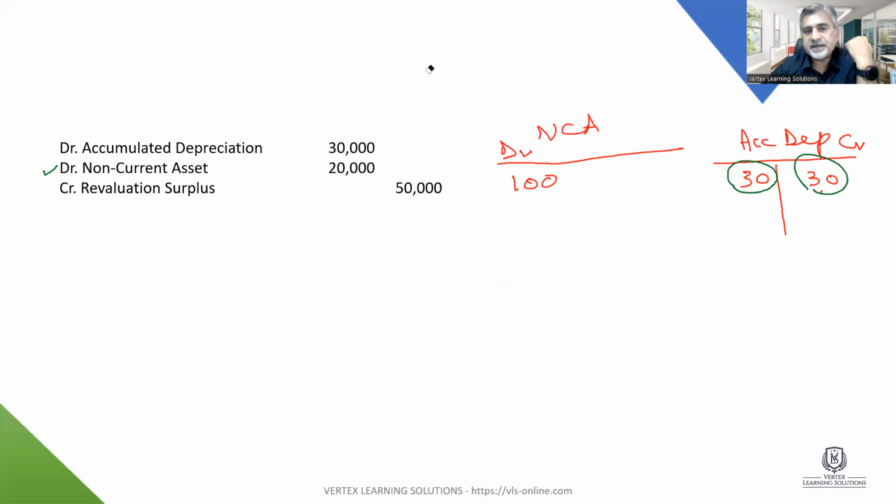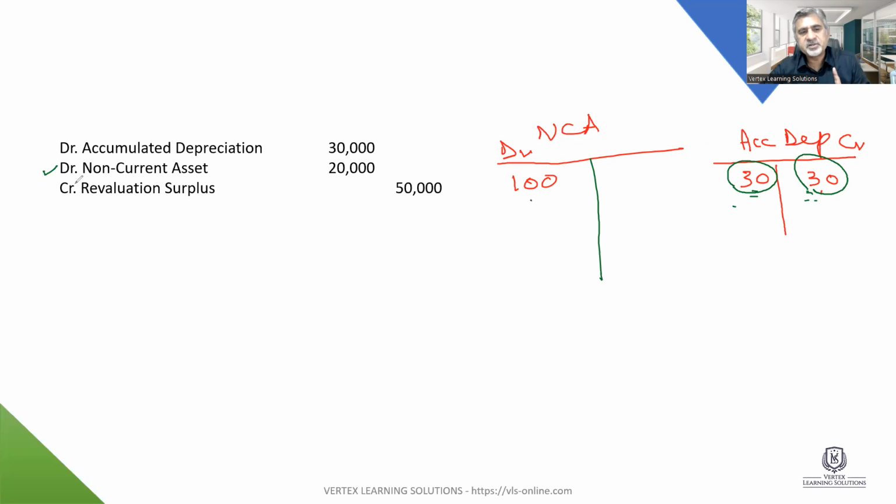By making it a debit, now the asset is standing there and there is no depreciation, as if the asset is born today, as if the asset has come to you today. There is no accumulated depreciation. I made accumulated depreciation 0 because 30 credit, 30 debit.